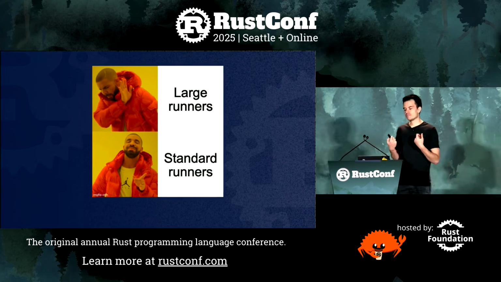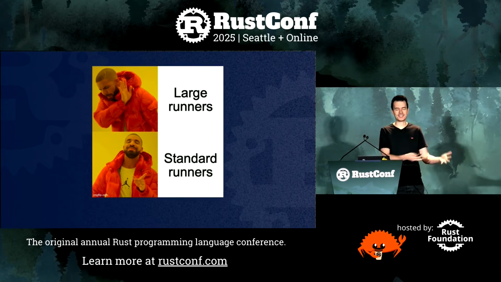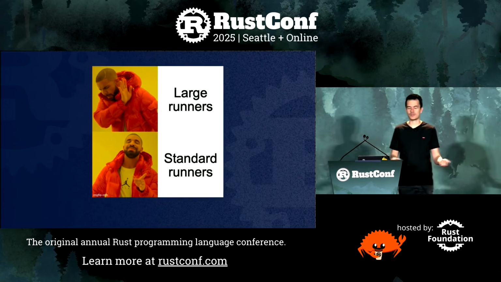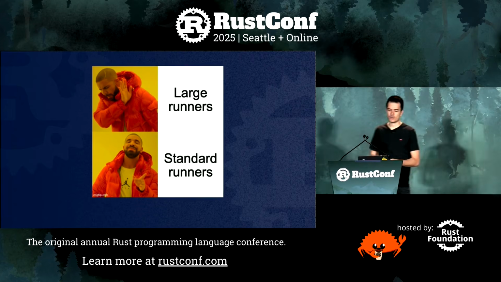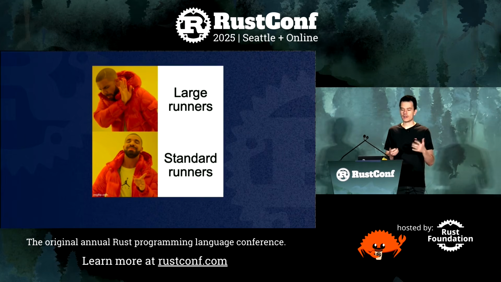So, we have these large runners that come at a cost. However, we have 500 standard runners that are given to us for free. So we started an optimization work around October, where we tried to move as many large runners as possible to standard runners.